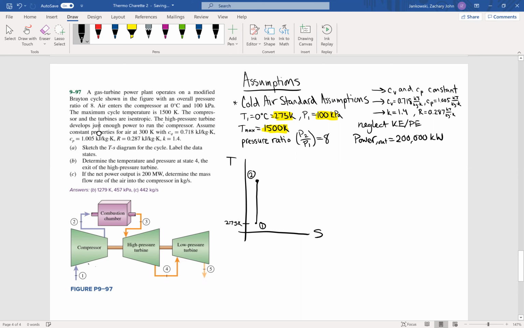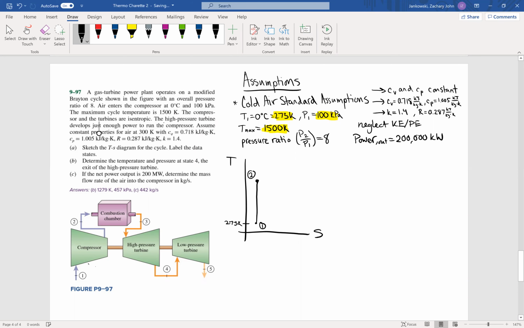And then we have to remember that we have 2 turbines for our isentropic expansions. So we're going to make our first one about halfway down to state 4. And our second one's going to come down to state 5. Now remember our final process in the Brayton cycle is a constant pressure heat rejection, which is going to follow another isobar back to our state 1.